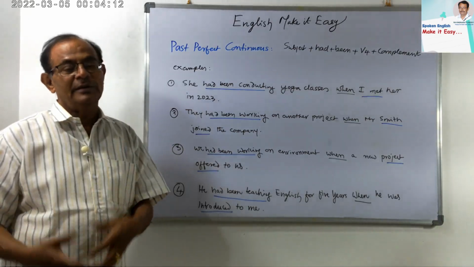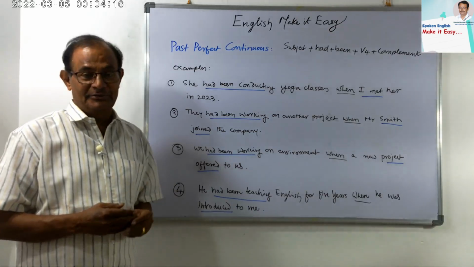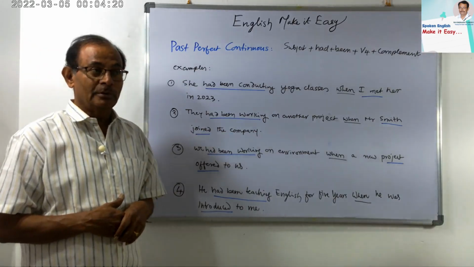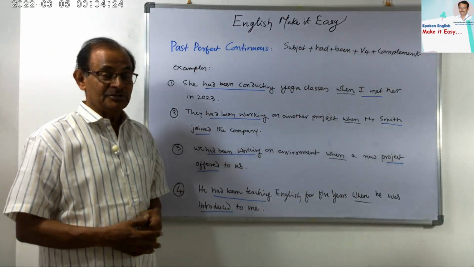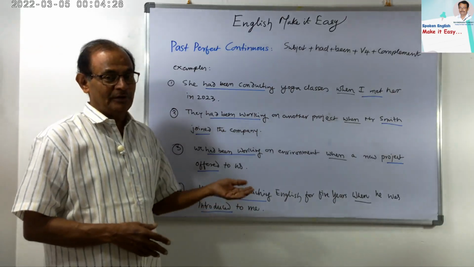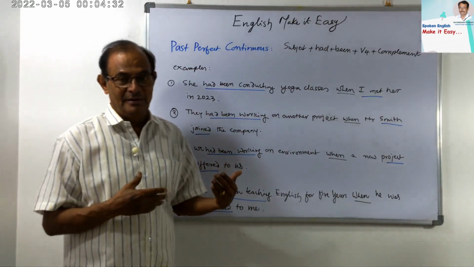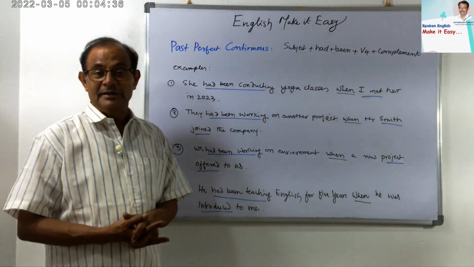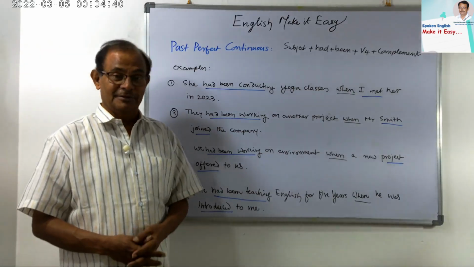Future is somewhat different, and a new auxiliary will be introduced there, and also the introduction of shall and will. So far we have not come across shall and will. So shall and will are used in future tenses, and shall and will are nothing but modal verbs.